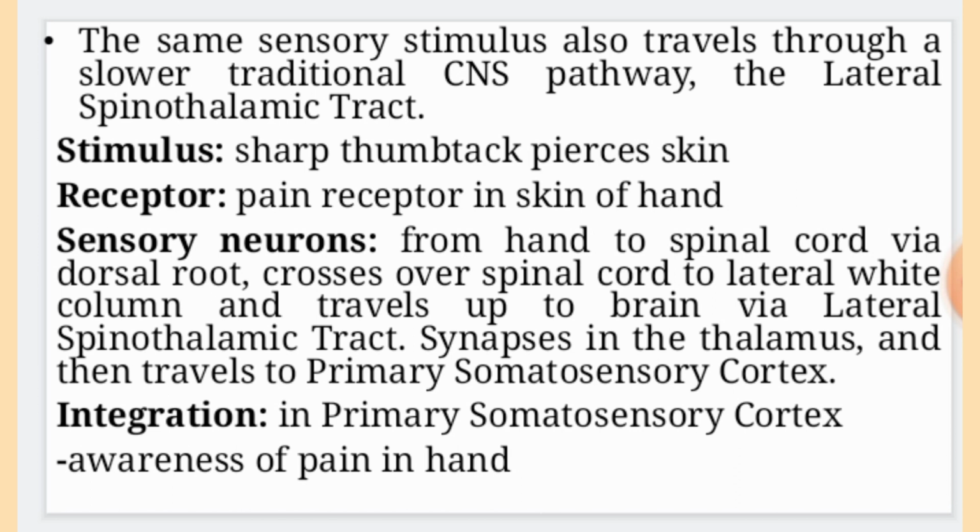spinothalamic tract, stimulus sharp thumb. Pain receptors in the skin, glands, and organs: sensory neurons from the hands to the spinal cord via a route that crosses over the spinal cord's lateral white matter and travels up to the brain via the lateral spinothalamic tract, synapses in the thalamus, and then travels to the primary somatosensory cortex.